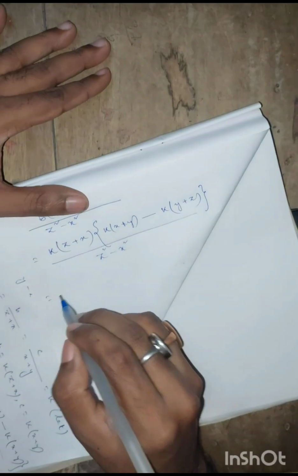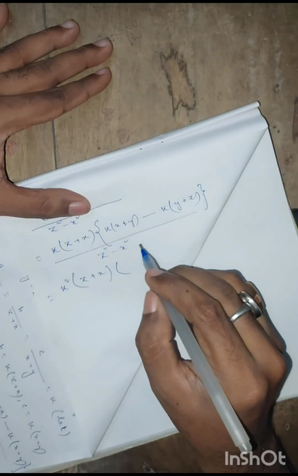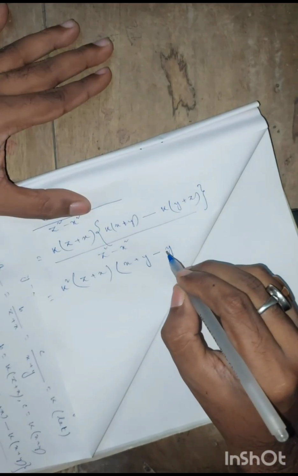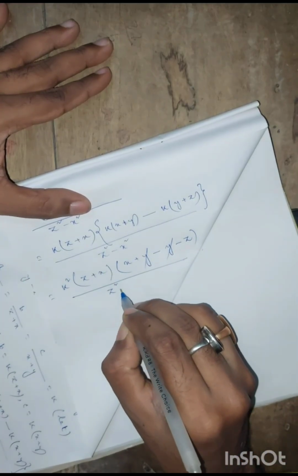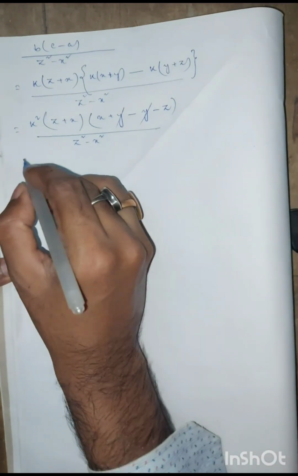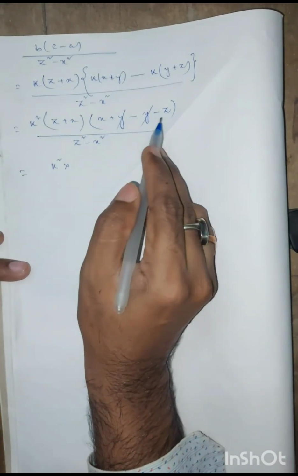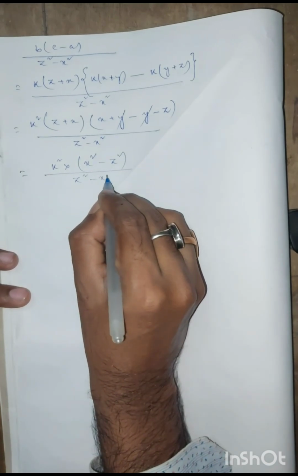Now if we take k common, it becomes k square into (z plus x) into (x plus z), (x minus z), that is x square minus z square, and in the denominator we are having z square minus x square.